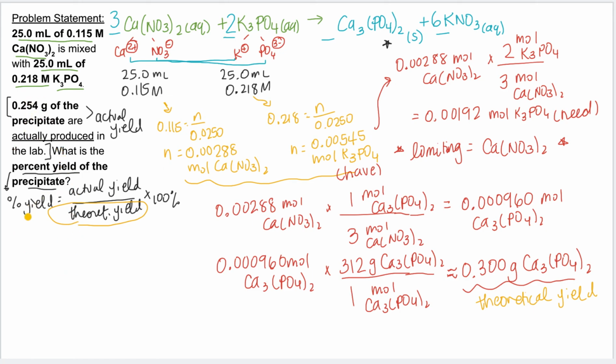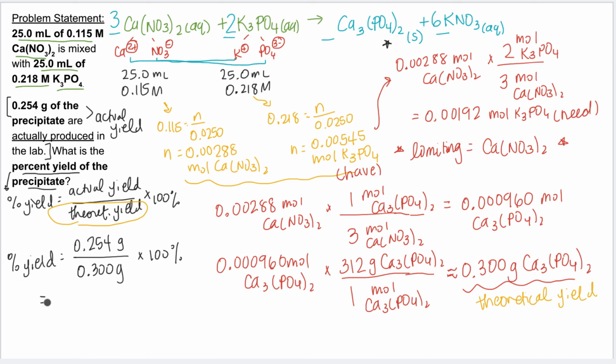So what we're going to do is to solve for percent yield, we're going to plug in the 0.254 grams directly into the top part of this equation, and we're going to divide it by our answer from doing all this lovely stoichiometry. And we're going to get some decimal number, which will convert to a percentage by multiplying by 100.